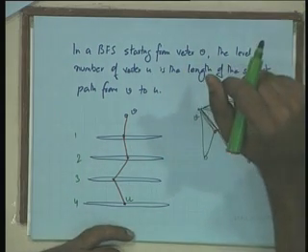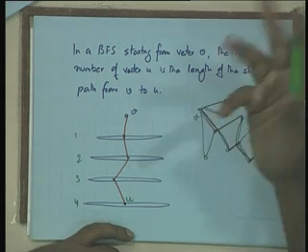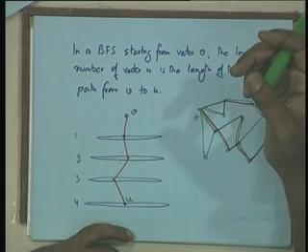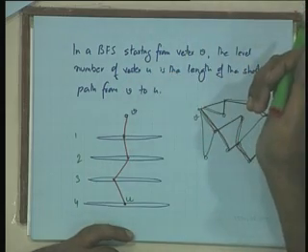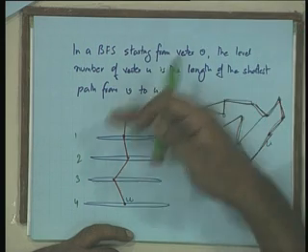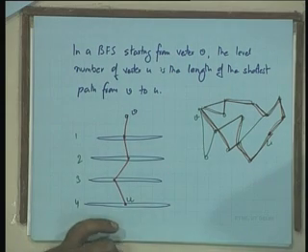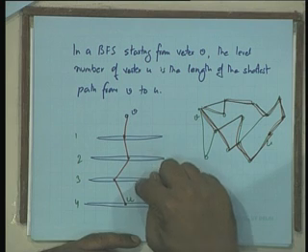Can there be a path of length 3? If there is a path of length 3, then we will have to jump a level, which violates the fact that this is a breadth first search. This is a partition induced by breadth first search. You understand? If there is a path of length 3, then that path cannot visit all these.